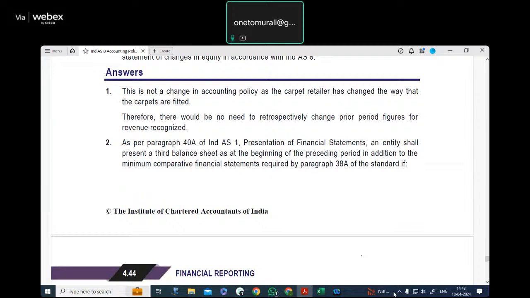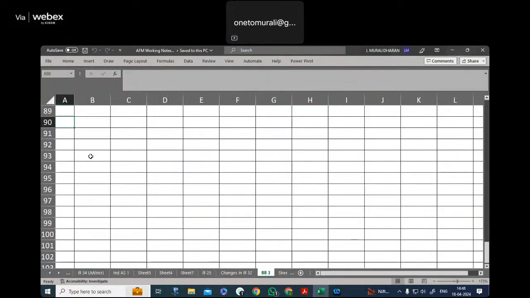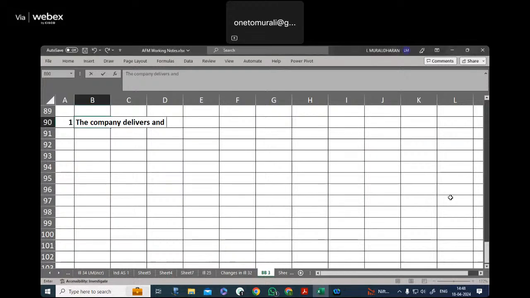So I would like to put it in this fashion. Though they have not put it in the form of step number one, we can as well take it up in this fashion. Number one, discussion. Sometimes you can cut short 2-3 steps together and make it out in one form. The company delivers and agrees to fit the carpet to the customers.